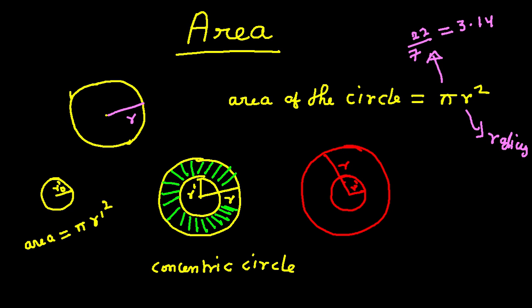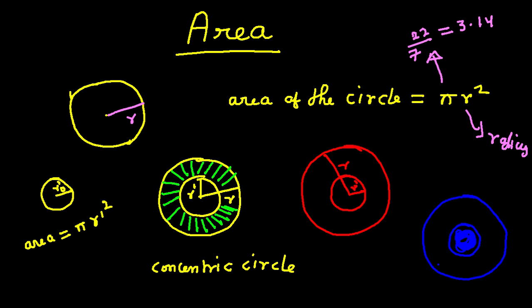So if you subtract this area from the big area, then we'll get this shaded area. This is the same thing: you have this circle, and if you are cutting this part, then definitely you will get this.